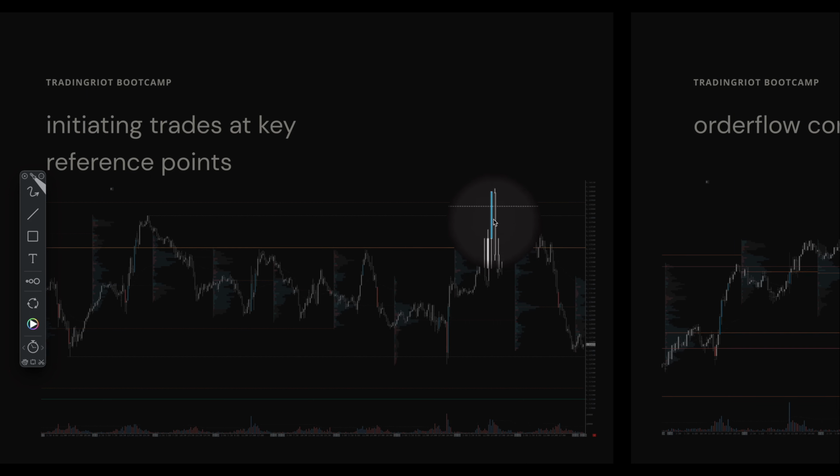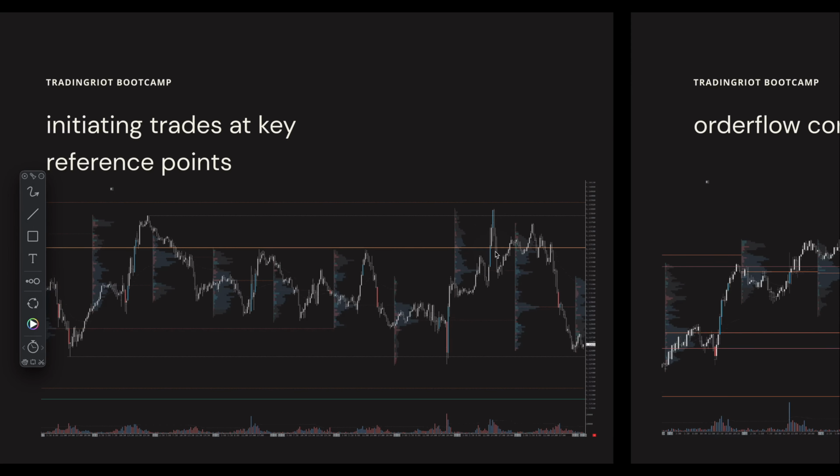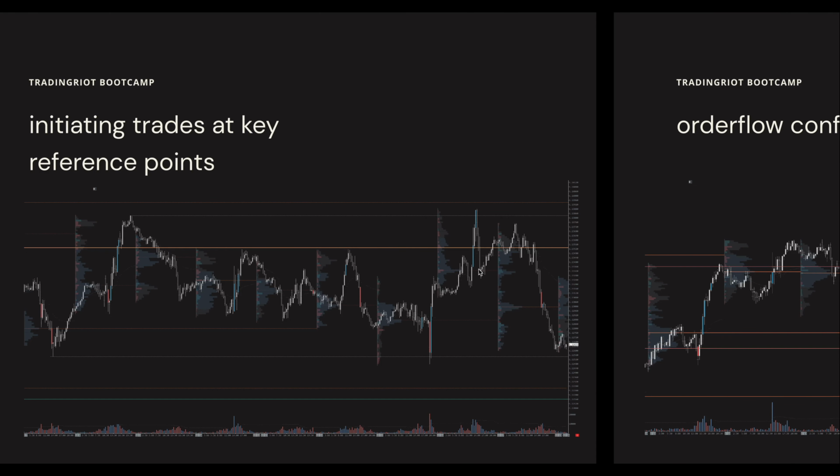Ideally, you want to see, and this is not the case because this closed above the wick of this candle, but if it's a bearish or bullish engulfing candle, it's a good sign for going short. But for this case, I would just get in after this bar would close. Once again, you might have an opportunity to short again if you were not sure here, on the retest of this high volume bar.